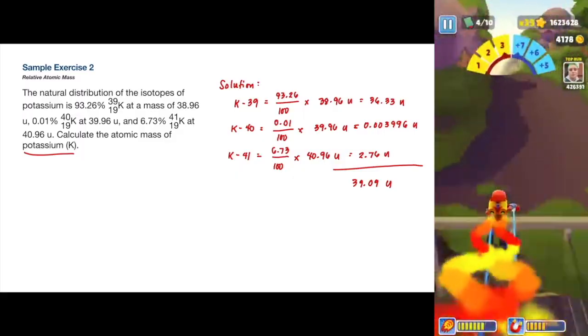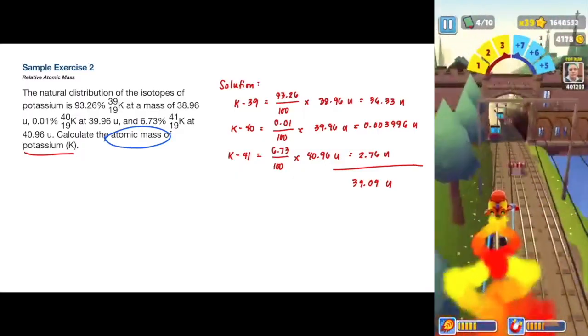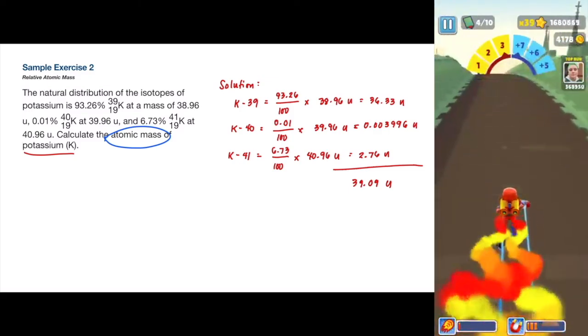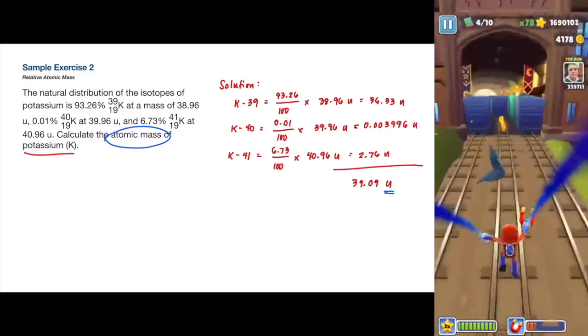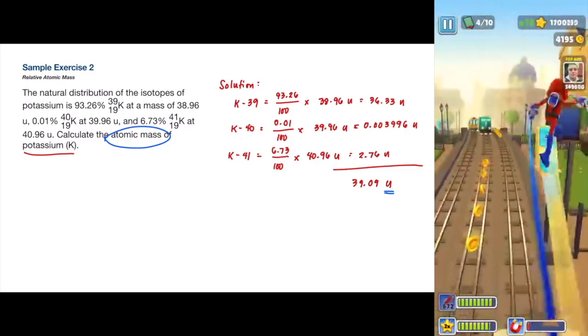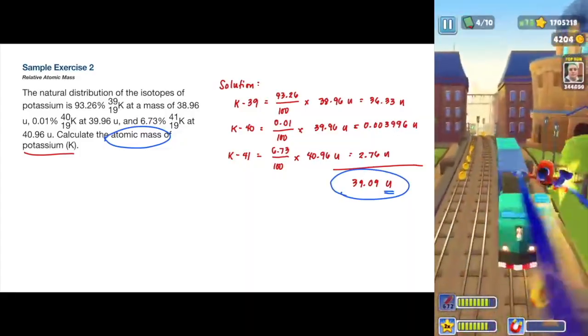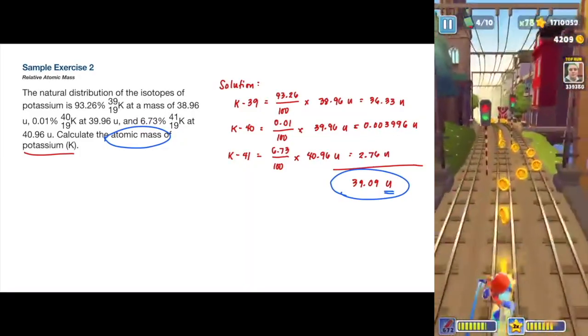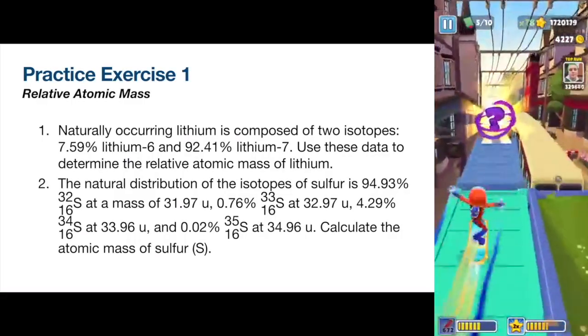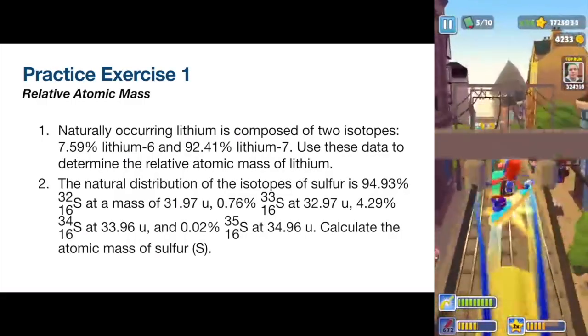Since we're talking about the atomic mass, not the relative atomic mass, it contains units, which is u, or atomic mass units. Therefore, the atomic mass of potassium is 39.09 units. Now, you can pause the video to solve for our practice exercises.